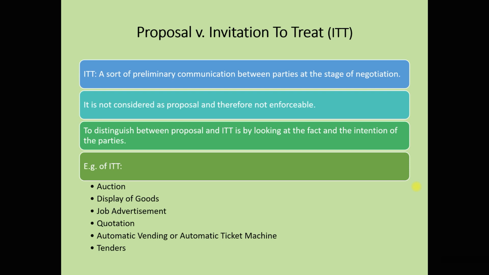But once you put the money in, and the machine does not say it is sold out but the coffee does not come out, that is considered a proposal already, so you can claim for that. But if it says it's sold out already and you still want to buy it, it cannot be enforceable, right?